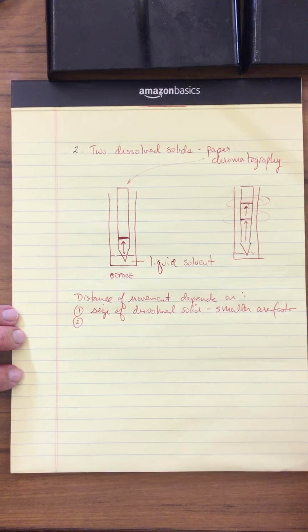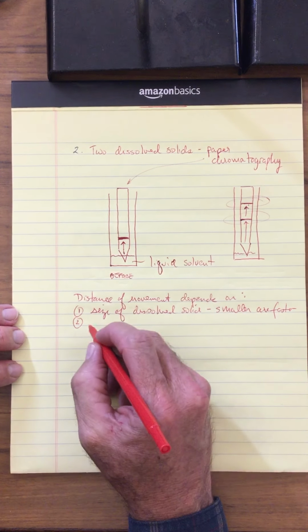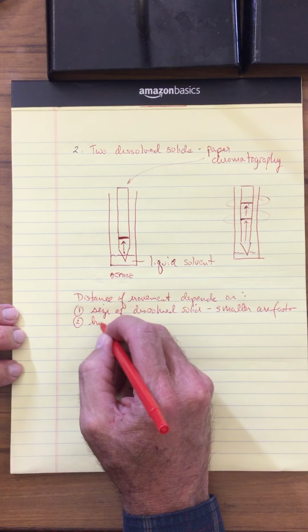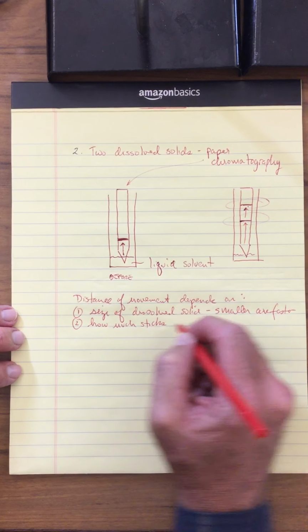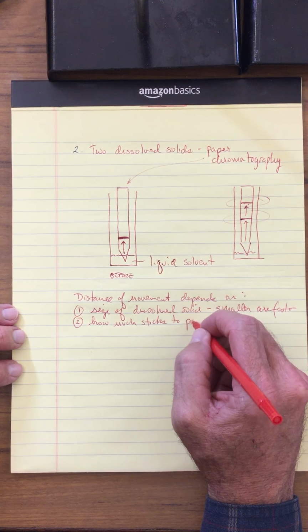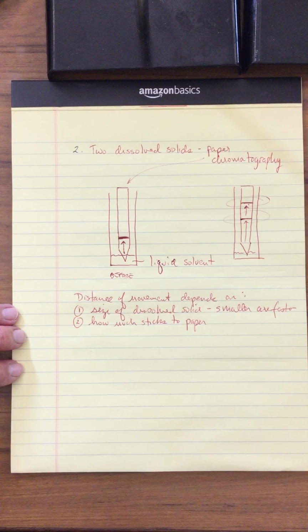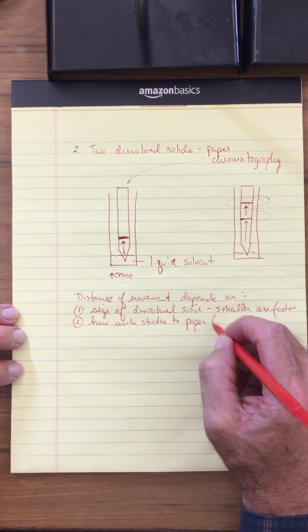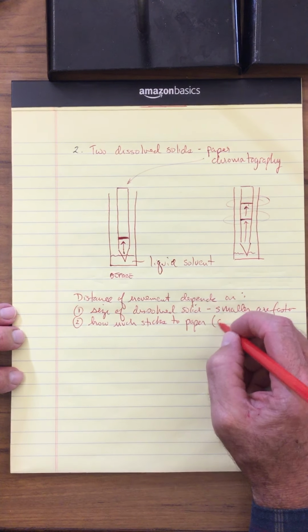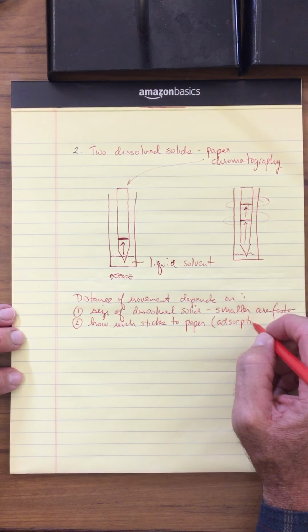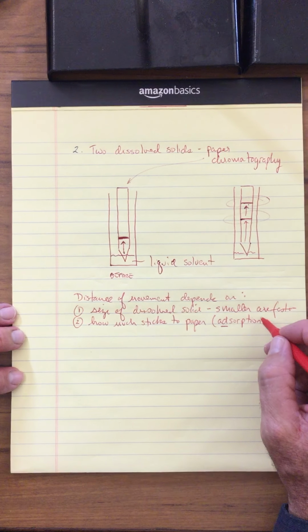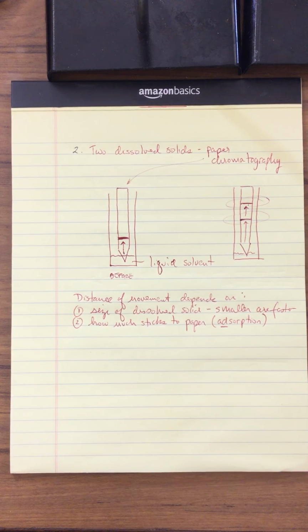Another factor depends upon its chemical composition, and it's how it sticks to the paper. How much it sticks to the paper. This is a concept called adsorption, not absorption, but adsorption. Note the D. Adsorption is how much that it sticks to the paper.